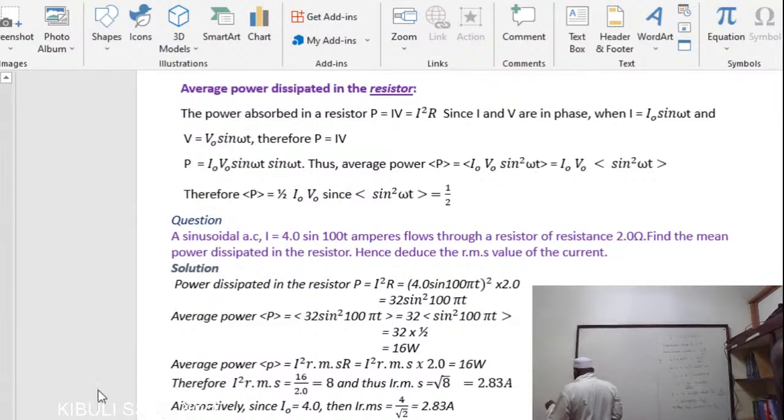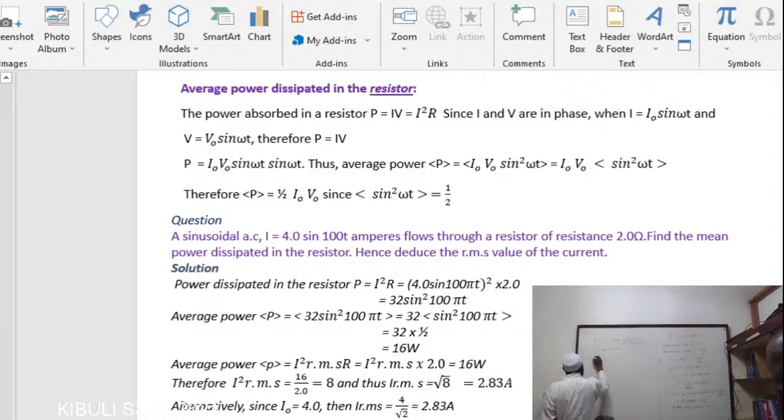We need to know that power P is given as IV, where I is equal to I naught sine ωt, and V is equal to V naught sine ωt. So that implies that power is going to be equal to I naught V naught sine squared ωt.